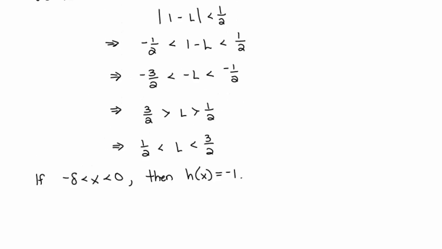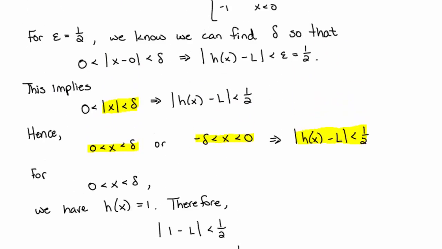Well, it should still be the case that, let me write this down, if negative delta is less than x is less than 0, so x is less than 0, then h of x is -1, again going back to the definition of h of x.